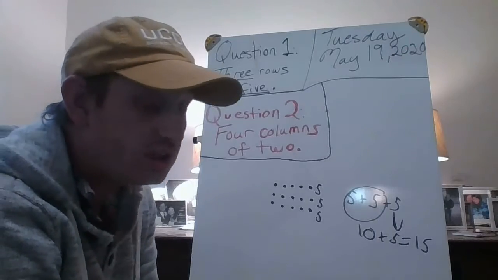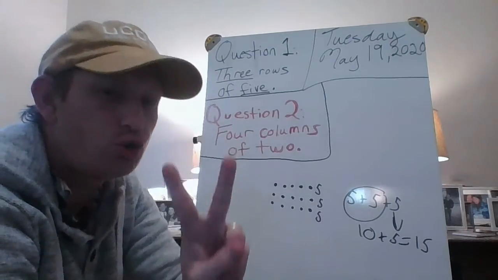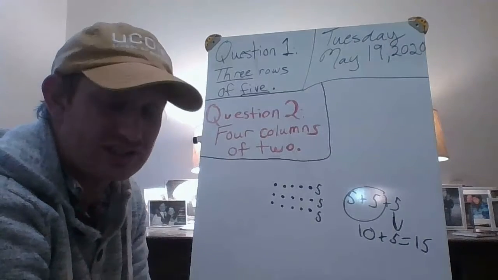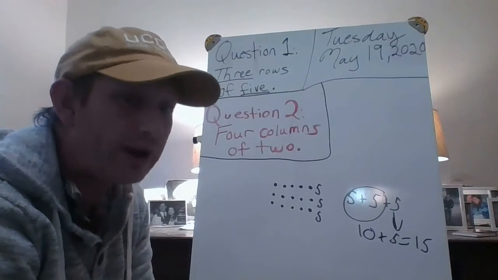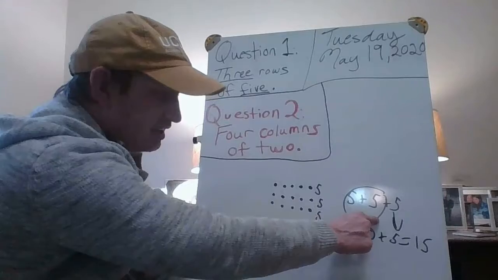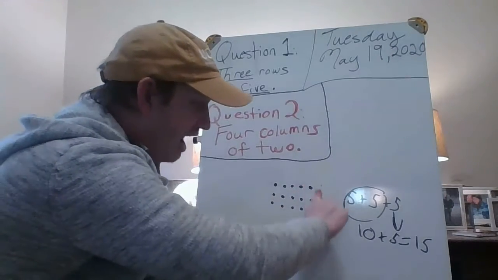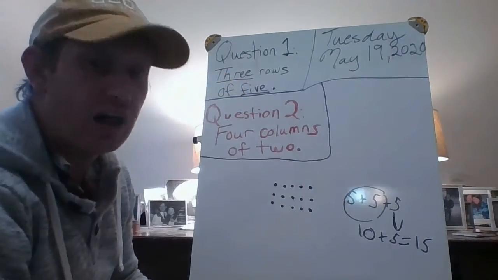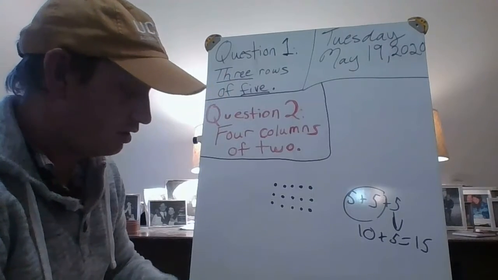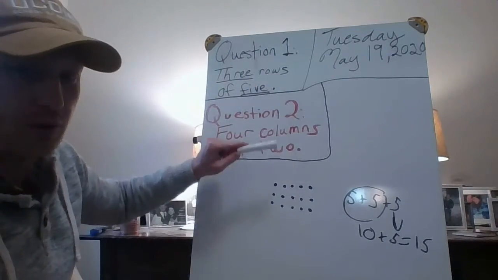But it's not the only one. Remember, for every array, there are 2 separate equations. And those equations are going to give you the same answer. So for this, we went by rows. Now we'll go by columns. So for columns, remember columns go up and down.